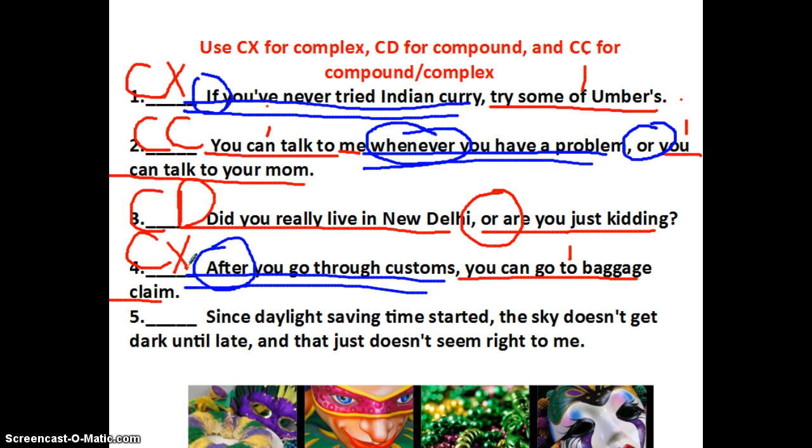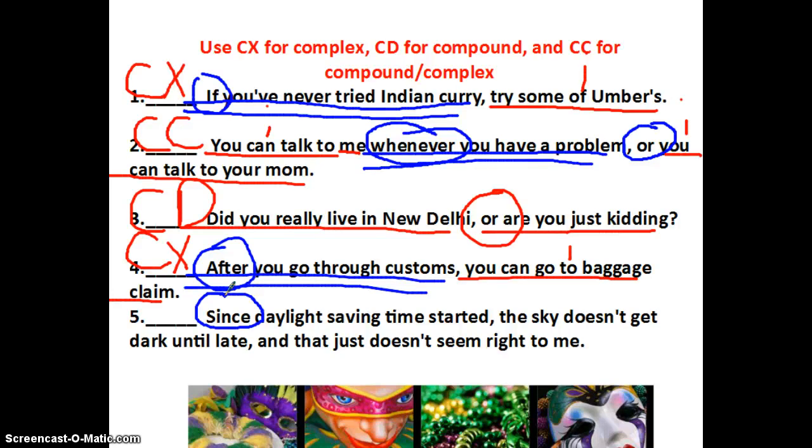And last but not least, let me look for any starter words or FANBOYS. On number five, I do see a starter word, an AWUBIS word: since. Do I see any other AWUBIS words?